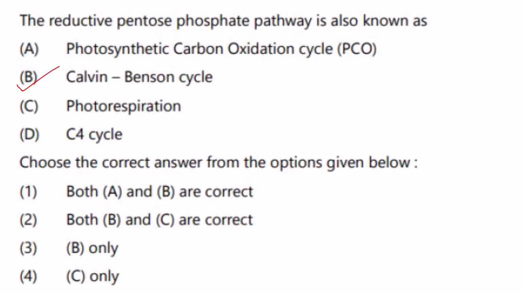So that is the reductive pentose phosphate pathway. What is the photosynthetic carbon oxidation cycle? It is your C2 cycle or photorespiration. Okay. So the answer here is option B, Calvin-Benson cycle. B only. 3 is the answer.